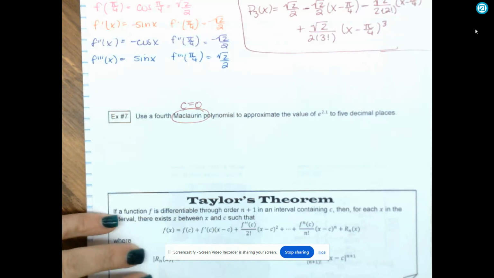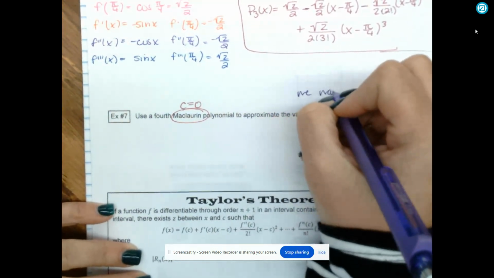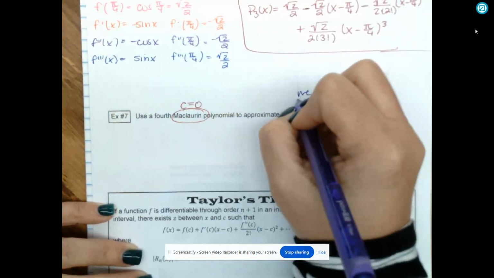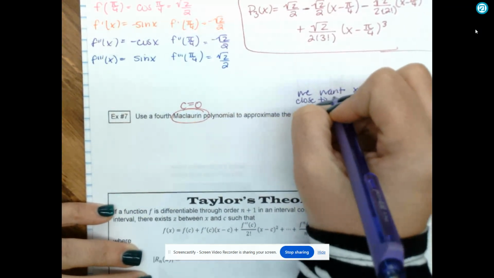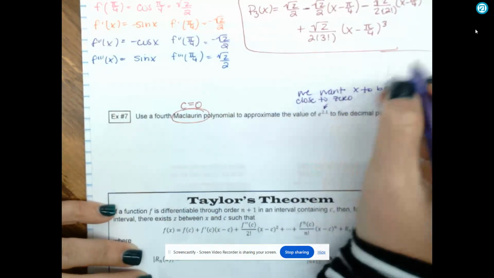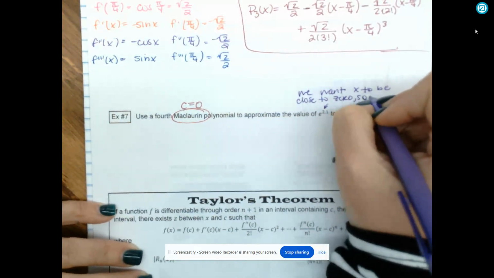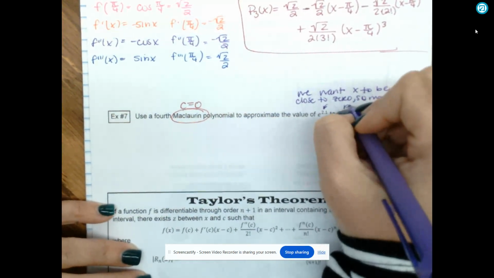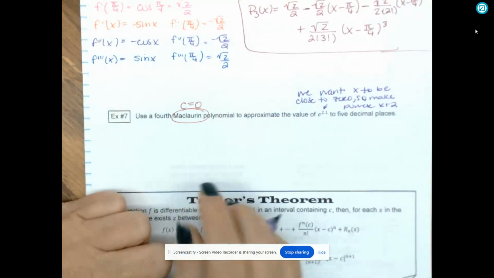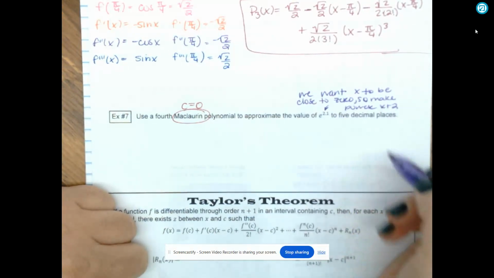Okay, so whenever I'm looking at this right here, we want x to be close to 0. Okay, so if I was to make my exponent up here x plus 2, okay, because 0 plus 2 would give me 2, which is really close to 2.1.